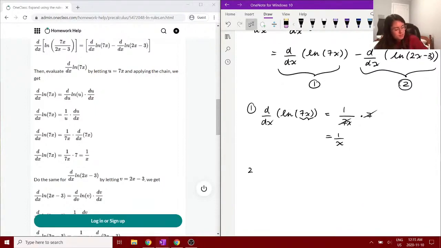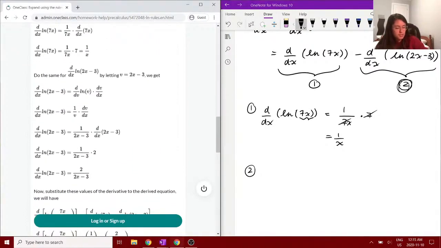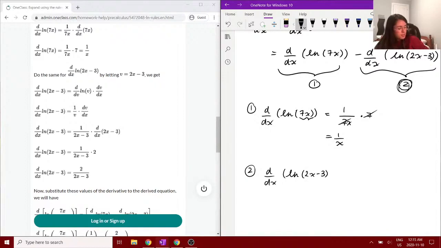All right, so now we can move on to the second half here. That's what I have, or the second term, I should say. They also sub in v for 2x minus 3, but it's the same process as 1, so let's try that. 1, 2x minus 3, so that's just the second term from what we have above.